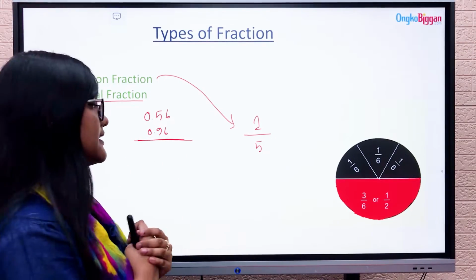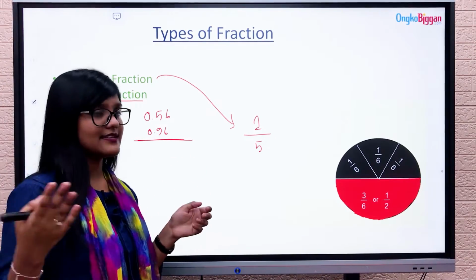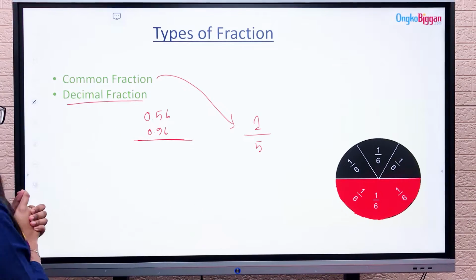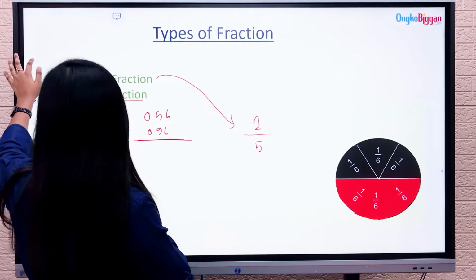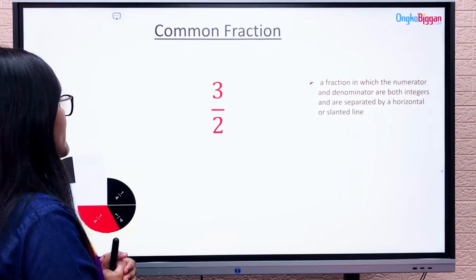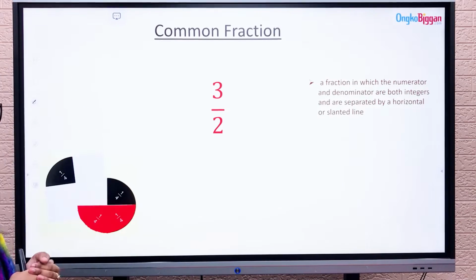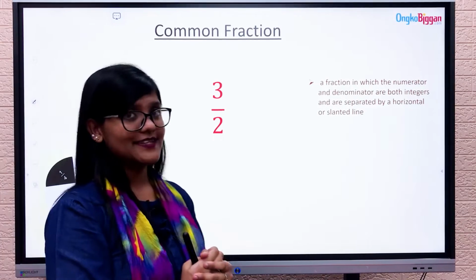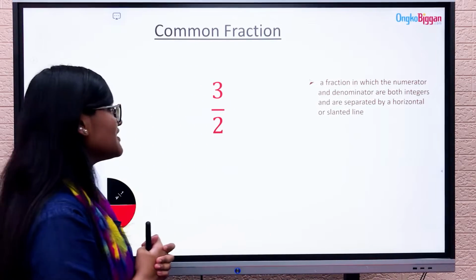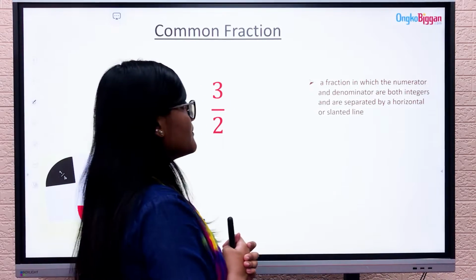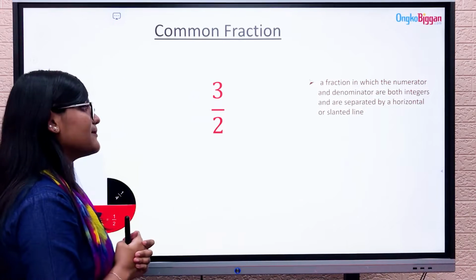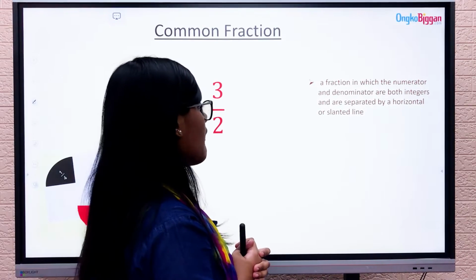We will learn about these things in the next exercise, but in this exercise we are going to deal with common fraction. So let's move forward. Let's go through the definition first. A fraction in which the numerator and denominator are both integers and are separated by a horizontal or slanted line.